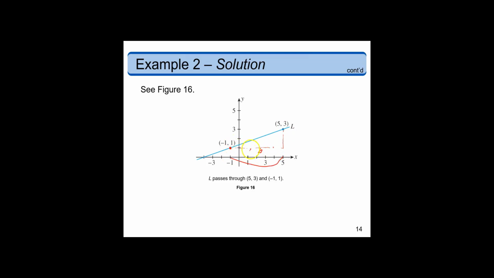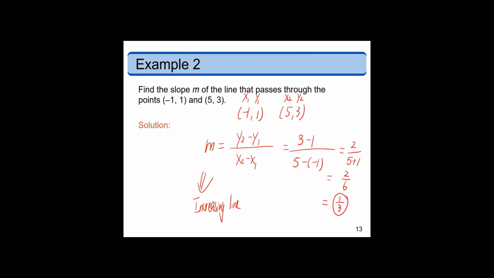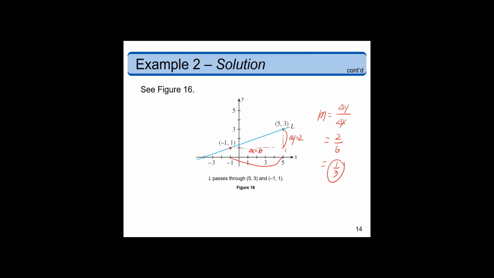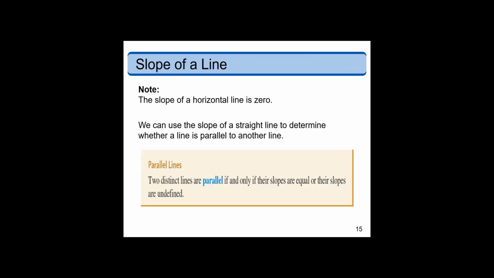So delta x equals 6. And then from 1 to 3, delta y equals 2 units. If we do slope equals delta y over delta x, 2/6, that's 1/3. And we confirmed our calculation from the previous slide when we used those 2 points to generate the slope. Graphically, we also get that.